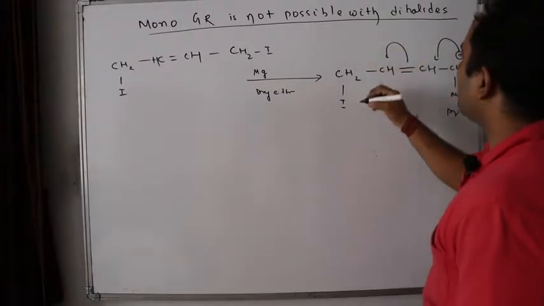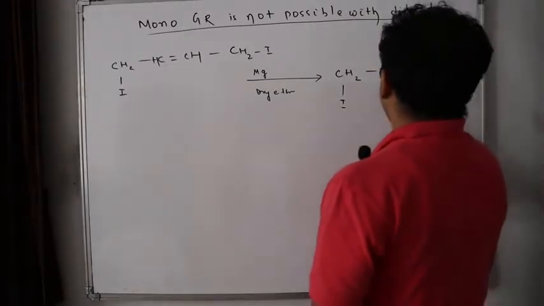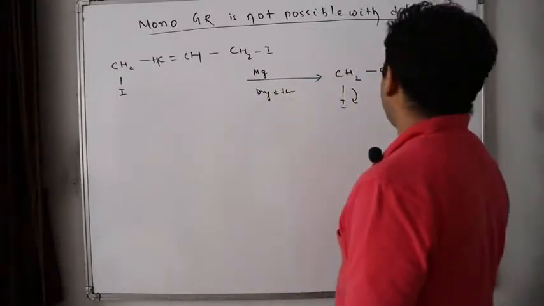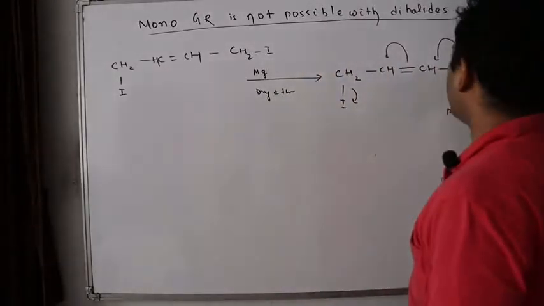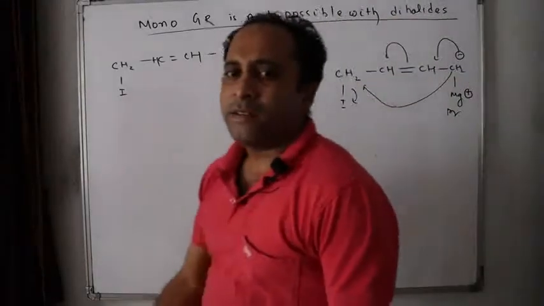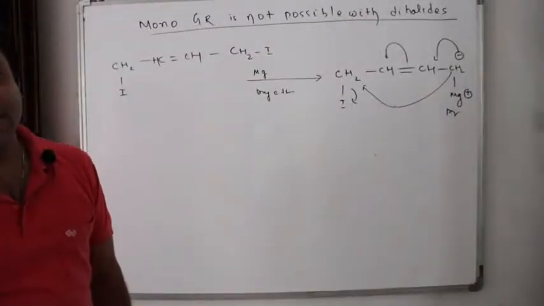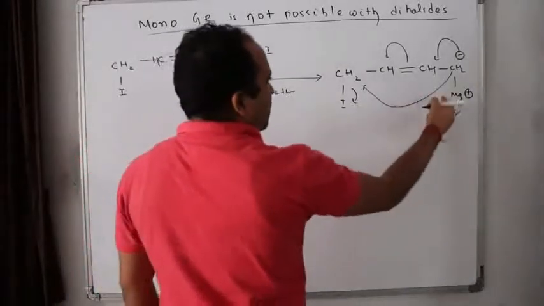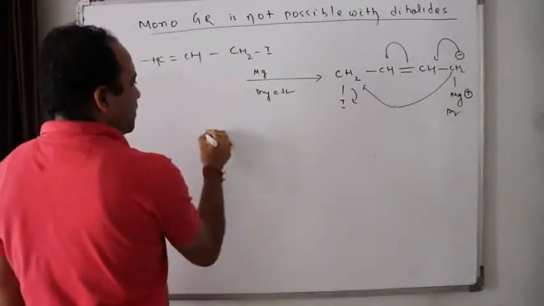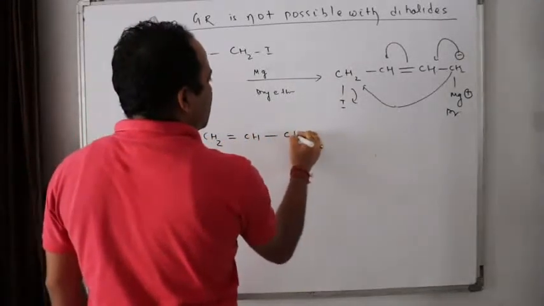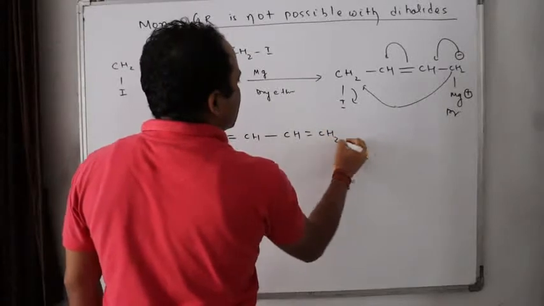The iodine can be left out, or simply the minus can attack this carbon and the iodine leaves. Can I get something like this? Magnesium attacking CH2 double bond CH single bond CH double bond CH2.